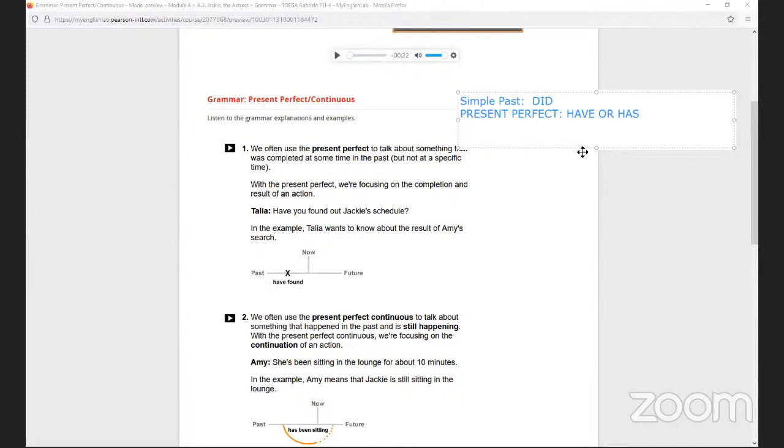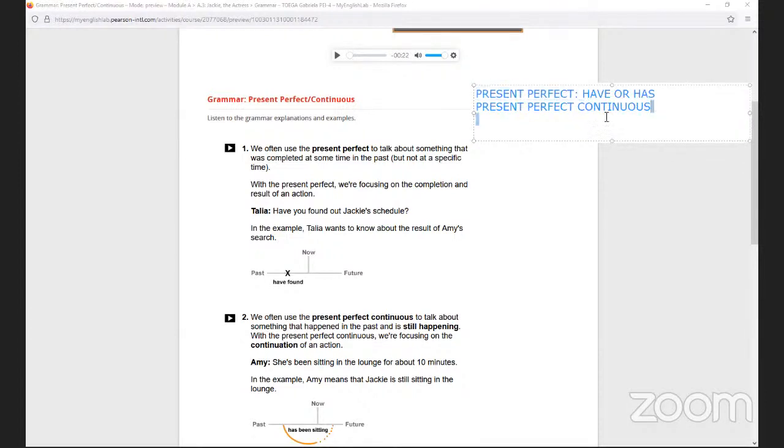Well, in this case, we are gonna see present perfect continuous. Okay, but this we're gonna delete because this is not the topic. We're gonna see the difference between present perfect and present perfect continuous.